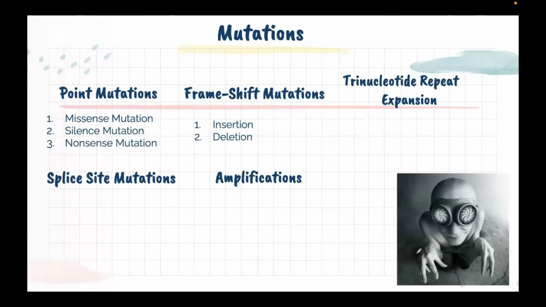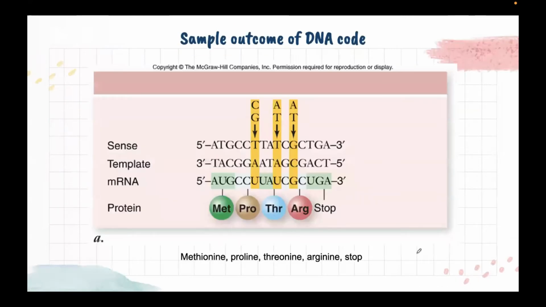So, balikan lang natin ng mabilis si point mutation. For example, meron ka talagang isang sample outcome of the DNA code. For example, this DNA code codes for the liver cells. Okay, may mga codons ka. At some point, hihinto, UGA na. Tapos na. So, meron ka na buong amino acid.